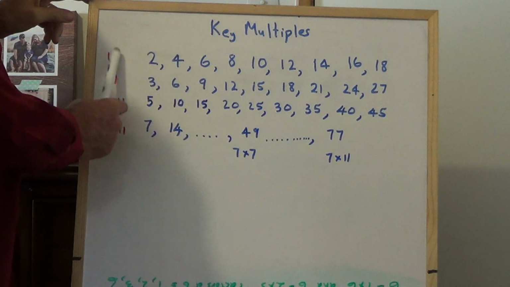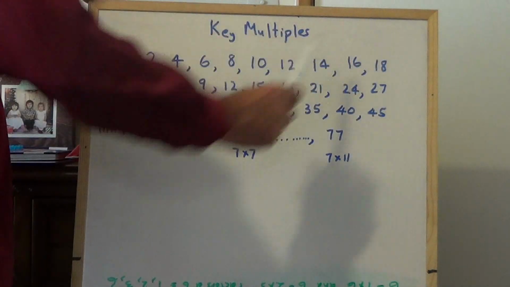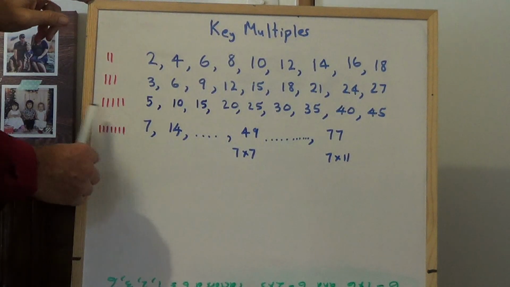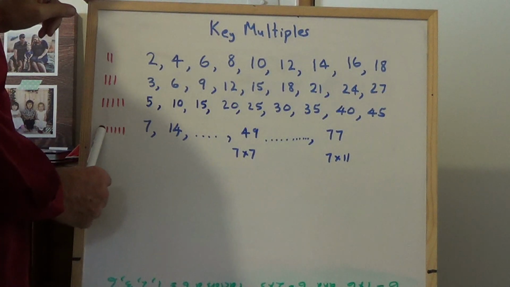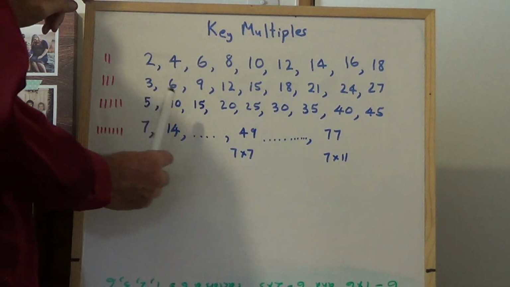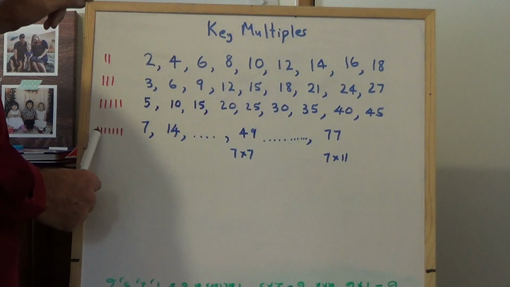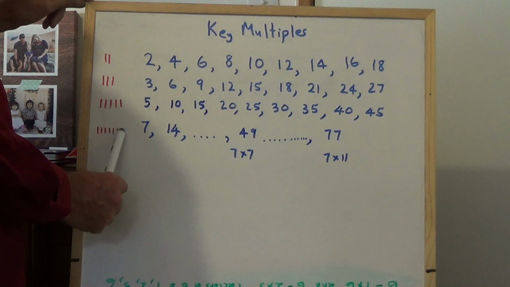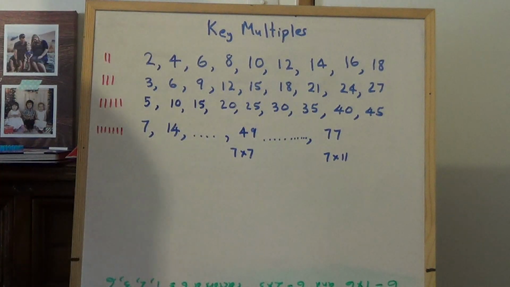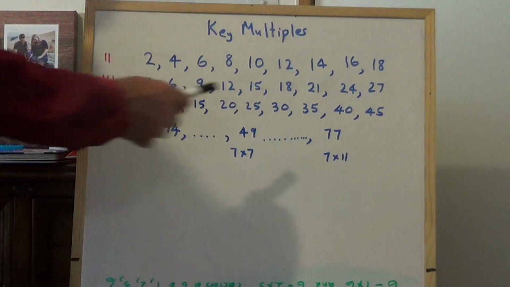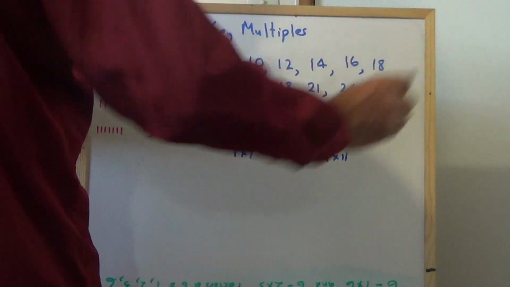Then you go 5, 6, and you get 6, and so on. If you're doing 7, you put down 7, and then you go 8, 9, 10, 11, 12, 13, 14 there, and then you go 14, 15, 16, 17, 18, 19, 20, 21, and the next number would be 21. Now, these multiples all carry on.